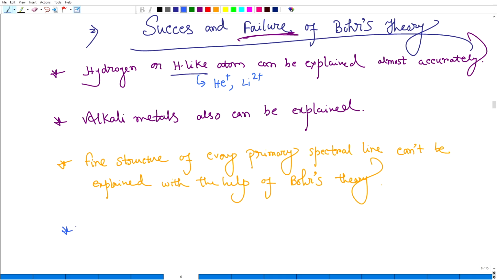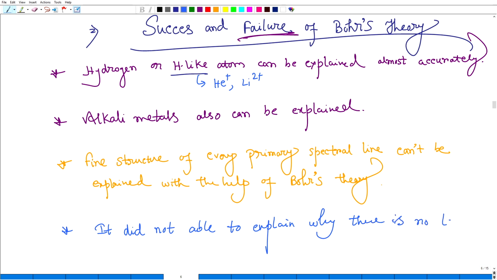So that is the main failure, that he was not able to explain why there is no loss or gain of energy when the electron rotates in the orbits.